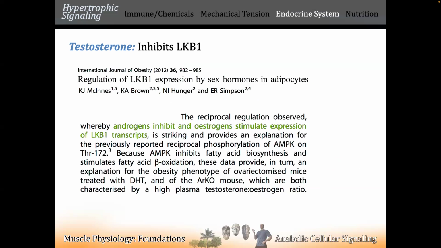And androgens inhibit it. Androgens inhibit the expression of LKB1, which is another mechanism for promoting mTOR activity through testosterone. And estrogens do this too, but estrogen is up next. That's the next hormone we'll talk about. So I'll remind you of this effect in a minute.